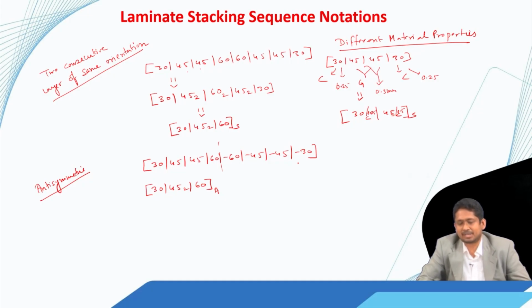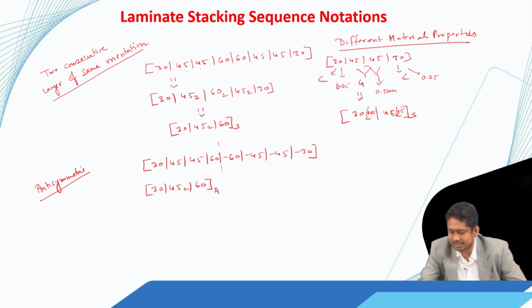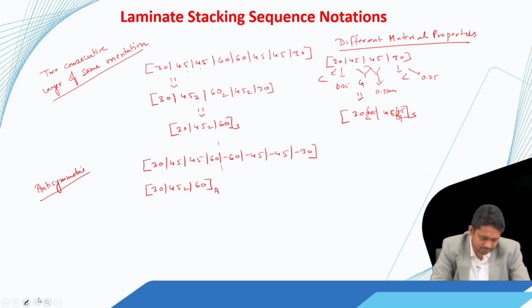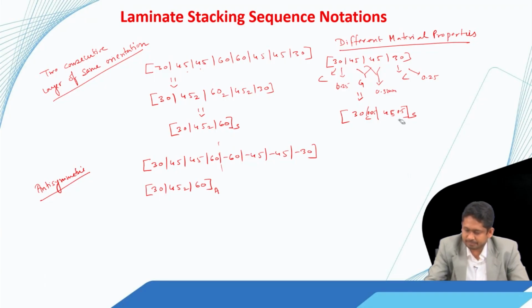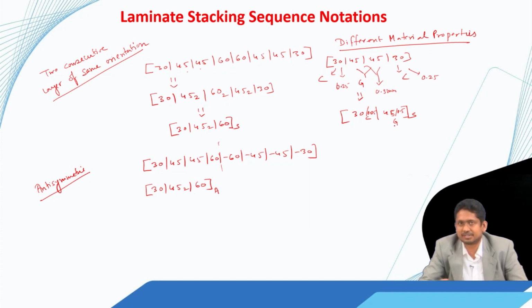If it has different materials, especially different fibers, then we denote them as subscript C, G for glass, K for Kevlar, and so on, and if it has different thickness, then we put a slash and write the thickness also. So, this was about various types of laminates and how we denote them through the lamination sequencing notations. In the next class, we will talk about laminate stiffness. So, let us end this lecture here. Thank you.